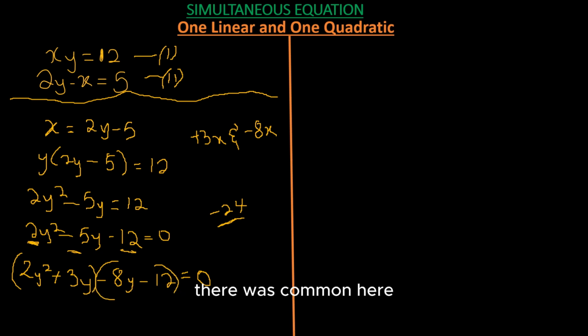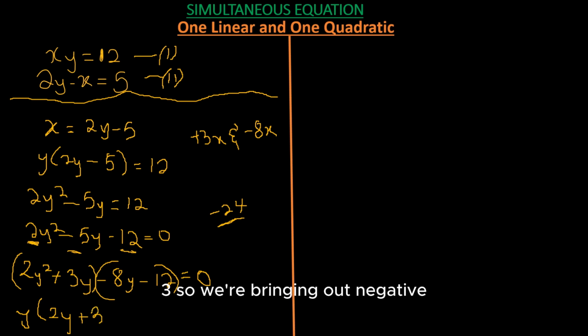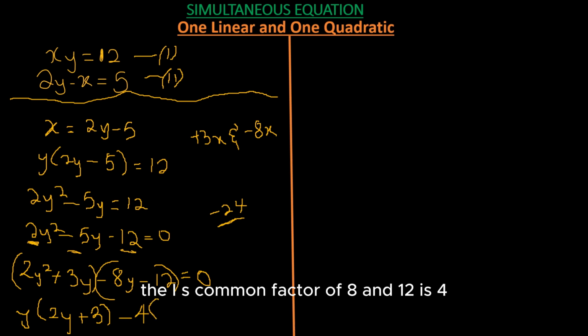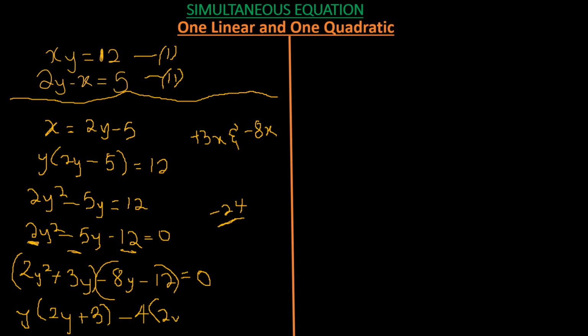Then what's common here? Y is common. So we're going to have 2y plus 3 left. Then we're bringing out negative, and also we're bringing out 4. The highest common factor of 8 and 12 is 4. So we're going to be left with 2y plus 3 equal to 0.